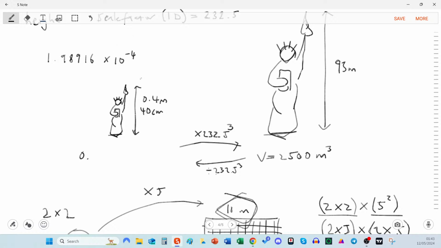But how do you deal with this? Well, this is standard form. And if you want to know, technically that is 1 over 10 to the 4, which is 1 over 10,000. So essentially, this here means divide it by 10,000. So you get 10,000 times smaller. But we can do that a little bit easier if we think about decimal places.